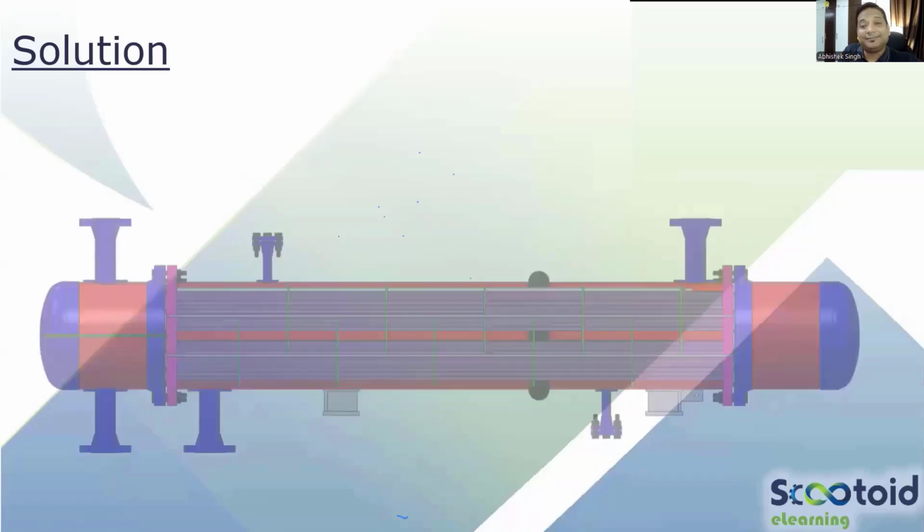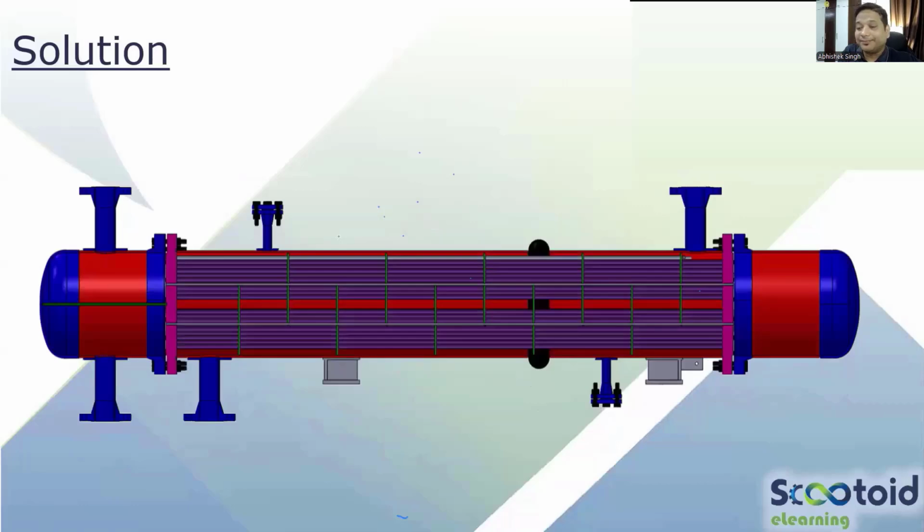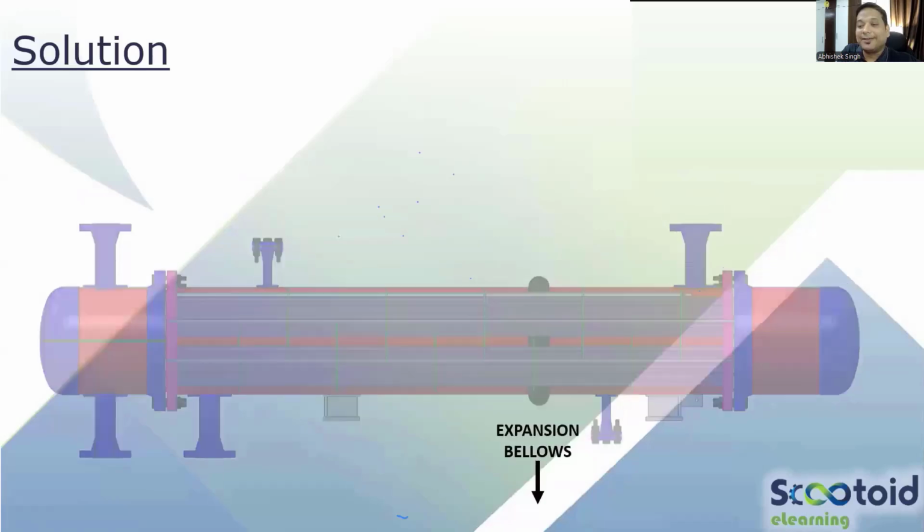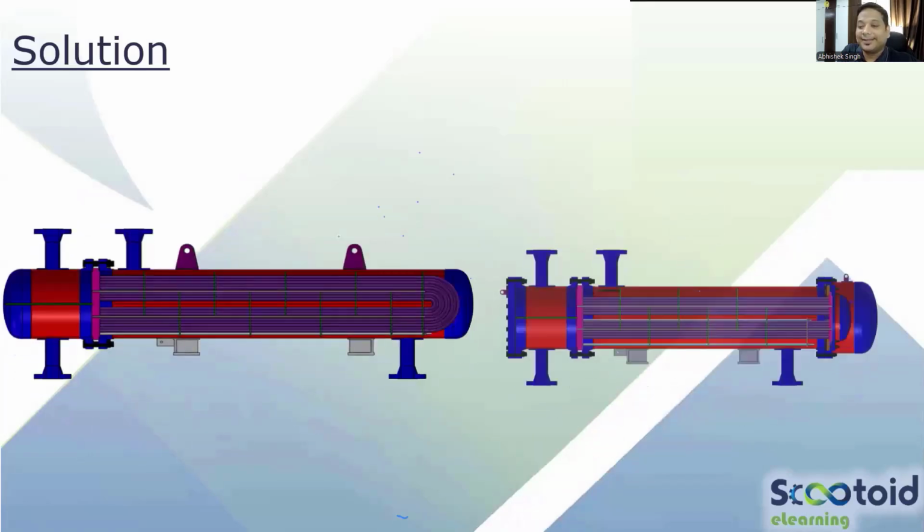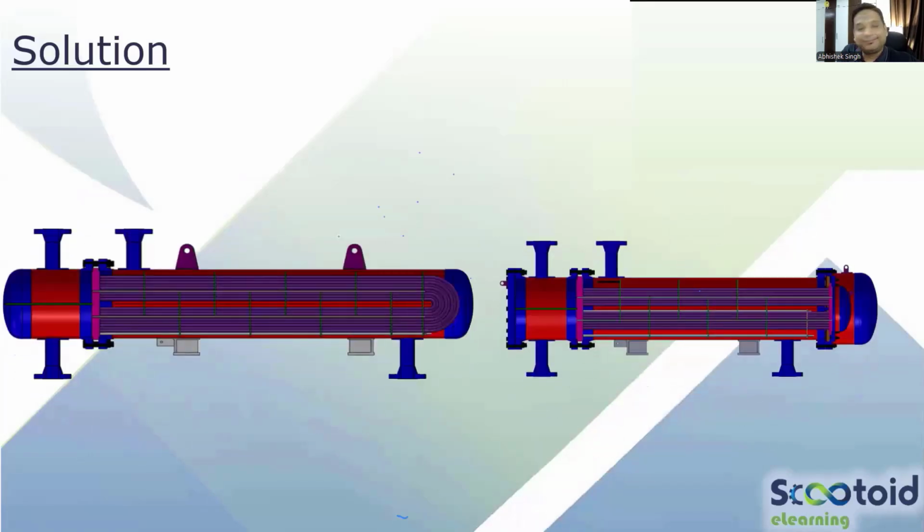Either you'll have a bellow in the heat exchanger, or you'll be having one of the two options, either U-tube or floating. Okay. So I hope most of you know why we don't have expansion issues in this.